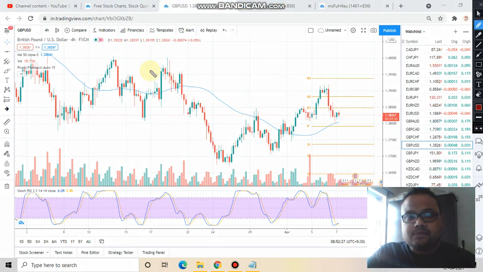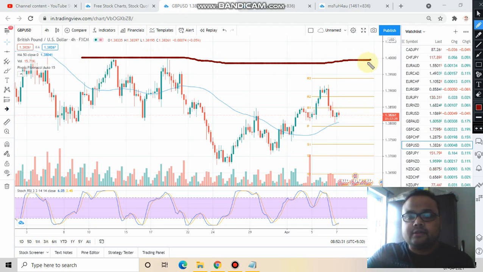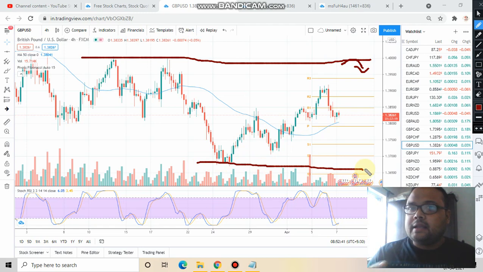In case market goes up and reaches this level, observe the price. If market reverses from here, just short the market. In case market comes down to this particular level, as I've already mentioned, market is taking support and has formed two consecutive hammer patterns, so I'll go for a buy.